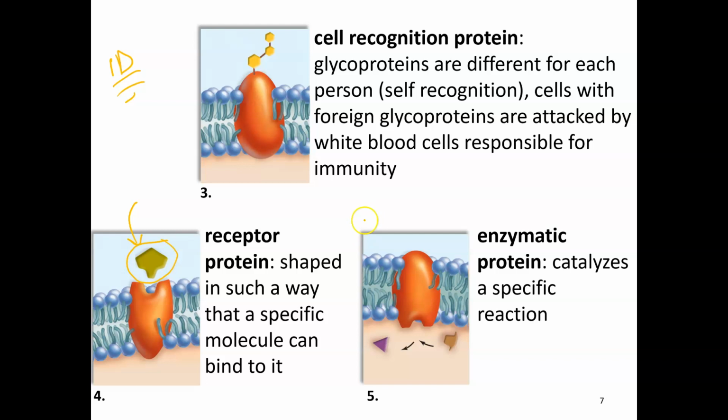And lastly, we have enzymatic proteins. So enzymes are molecules that speed up a reaction, and they do it by decreasing the amount of energy it takes for the reaction to occur. So enzymes are catalysts that speed up reactions, and I'm going to write that here.